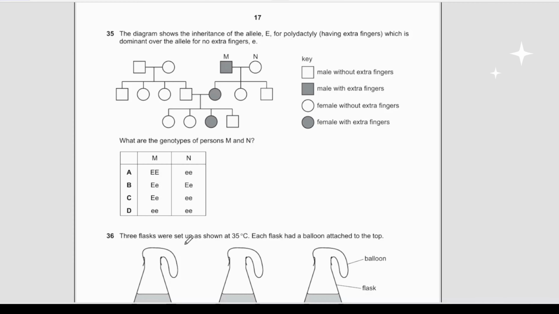Okay. The diagram shows the inheritance of allele E, which is for having an extra finger. The recessive is the extra finger, and the dominant means the normal number of fingers. What are the genotypes of person M and N? Okay, again, it's a recessive.